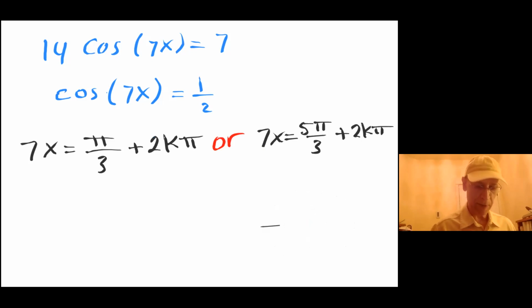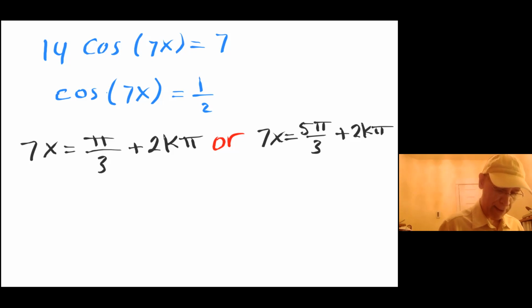So now I'm going to multiply all sides by 1 over 7 to isolate x by itself. I didn't use theta, I used x. I'm more used to that. Multiply by 1 over 7.